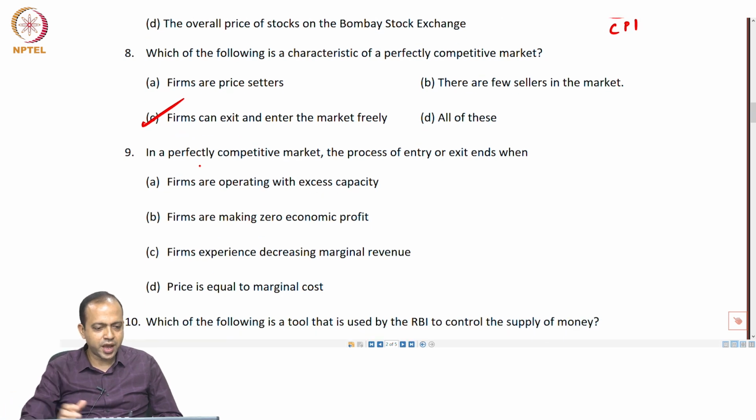Then question number 9. In a perfectly competitive market, the process of entry or exit ends when firms are operating with excess capacity.